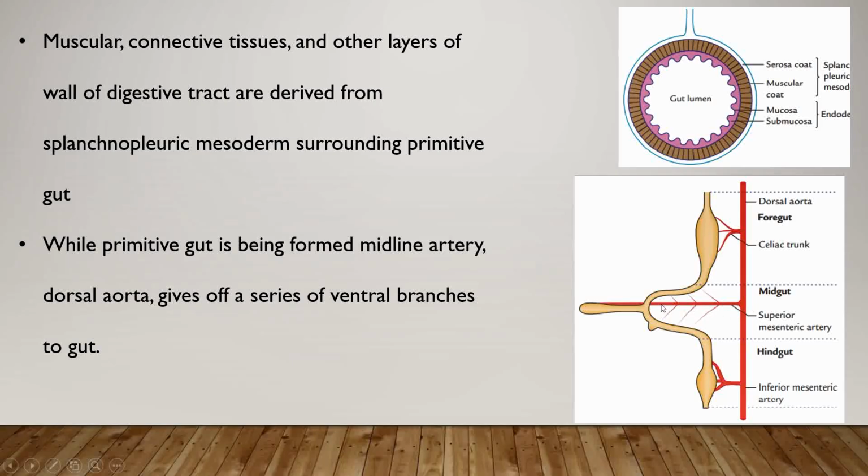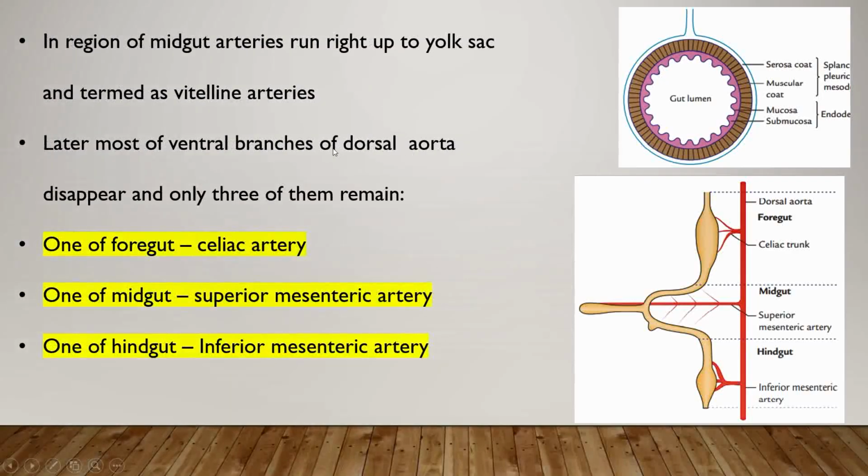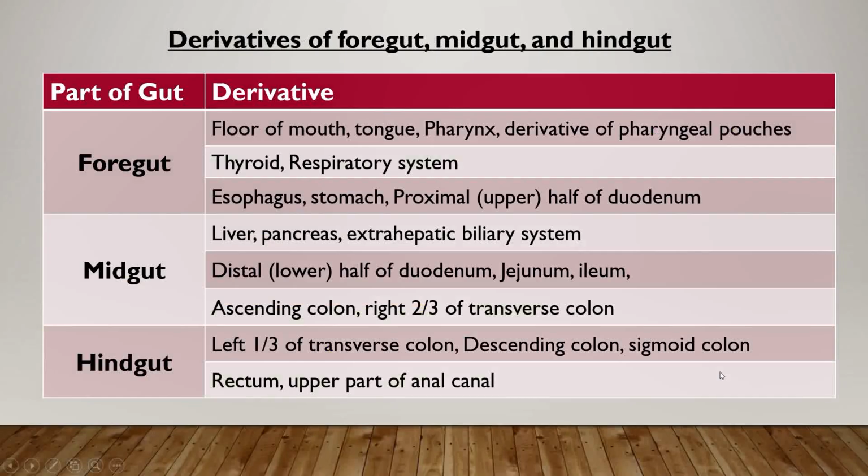There is an artery which is going to supply the midgut, known as the superior mesenteric artery, and the artery which supplies the hindgut is the inferior mesenteric artery. In the region of the midgut, arteries run right to the yolk sac and are termed vitelline arteries. Later most of the ventral branches of the dorsal aorta disappear. So these three branches remain: the celiac trunk, artery of the foregut, the superior mesenteric artery, artery of the midgut, and the inferior mesenteric artery, artery of the hindgut.